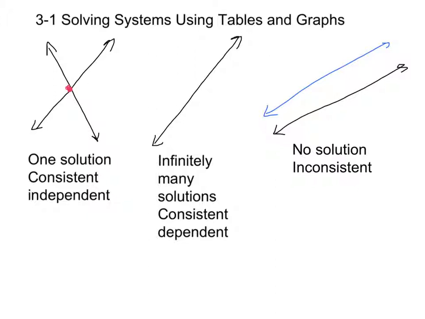And you can actually classify them without graphing. The way that you do that is you make sure that your two lines are in slope-intercept form. And I'm going to do this for each one.